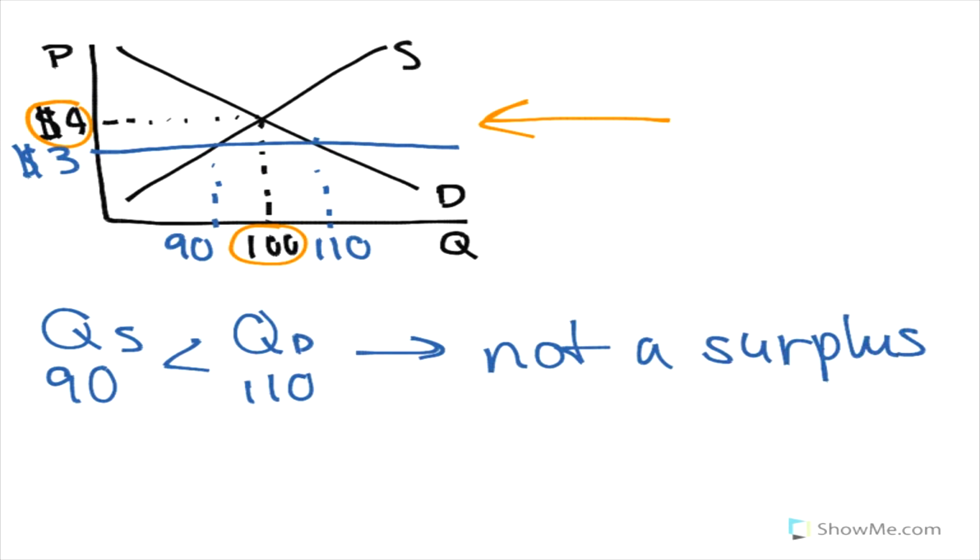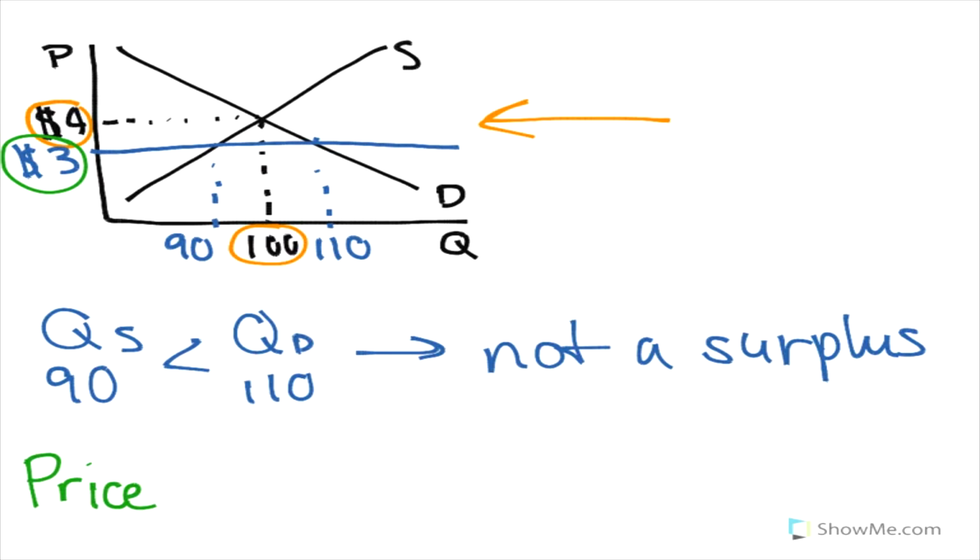Notice that a price floor is a minimum price, so if the government sets a price floor at $3 and the equilibrium price is 4, that means firms can still charge the equilibrium price, so that a price floor below equilibrium will actually not affect the market. So this is something that's important to know.